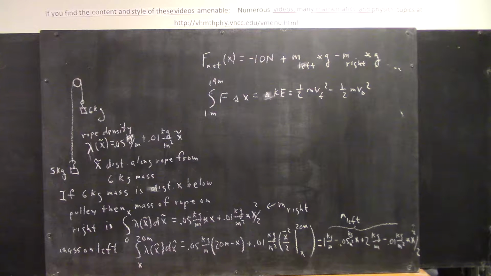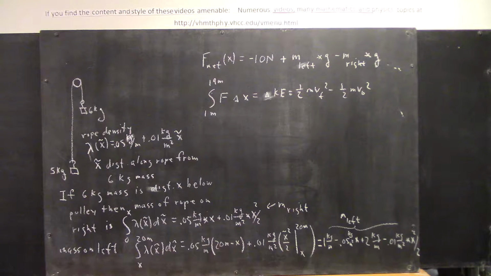Okay, now, what we want to figure out is the mass of rope on the right and the mass of rope on the left as a function of the position of this 6 kilogram object.